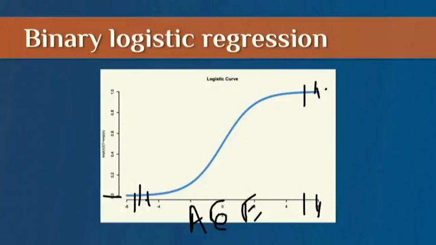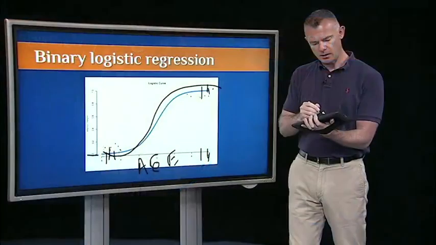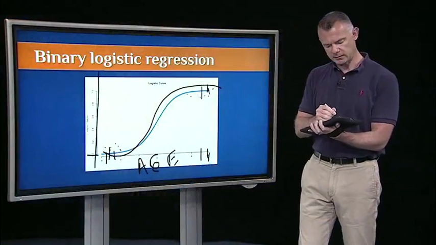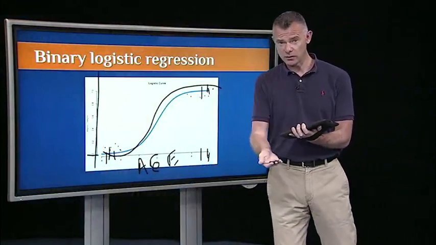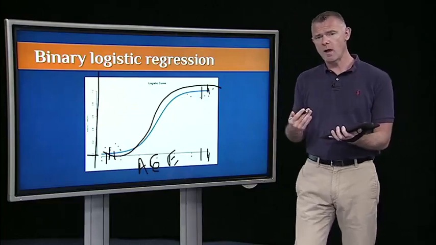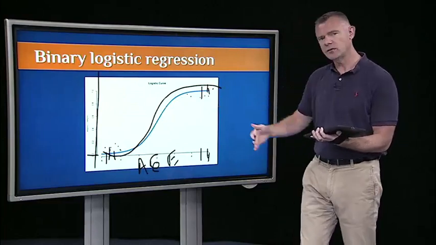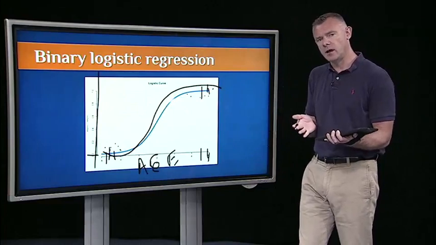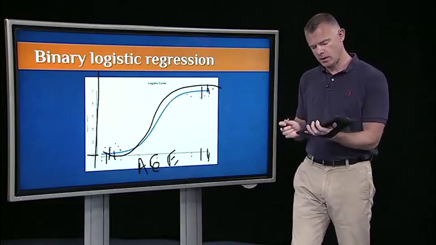So the scatter plot in these kinds of examples will look exactly like that. You'll have a lot of dots down here and a lot of dots down here. To fit that plot, we need a logistic function. And notice that on the y-axis, we need our predicted scores to fall between 0 and 1. That's why we have this transformation on the left hand of our regression equation.